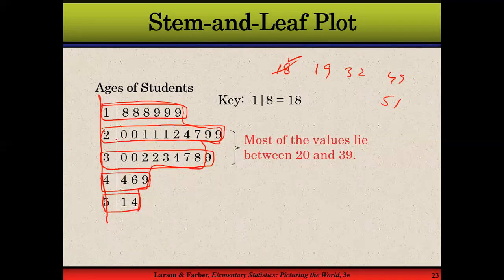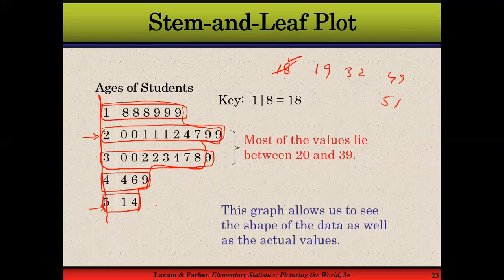Here we have 20s, 21s, and then 22, 24, 27, and 29s. This is how you look at the data values as well as the trend in the data: which stem has more values and which has the fewest. This is how you can explore the data through a stem and leaf plot.